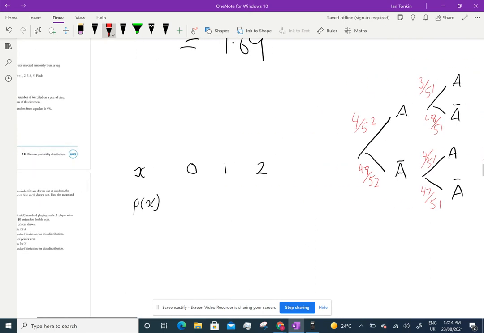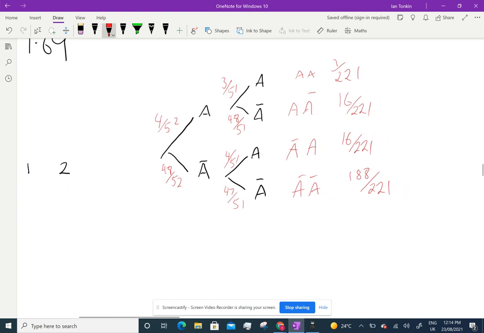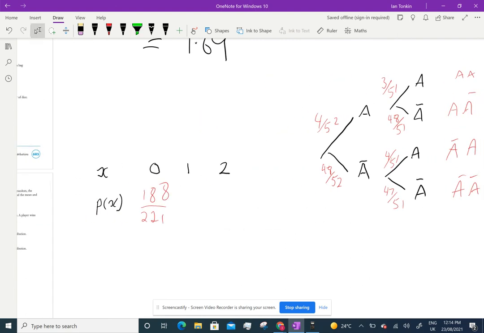So now over here, what's the probability of getting no aces? Well, that's easy. 188 on 221. To get one ace, that's both that one and that one, so 32 on 221.